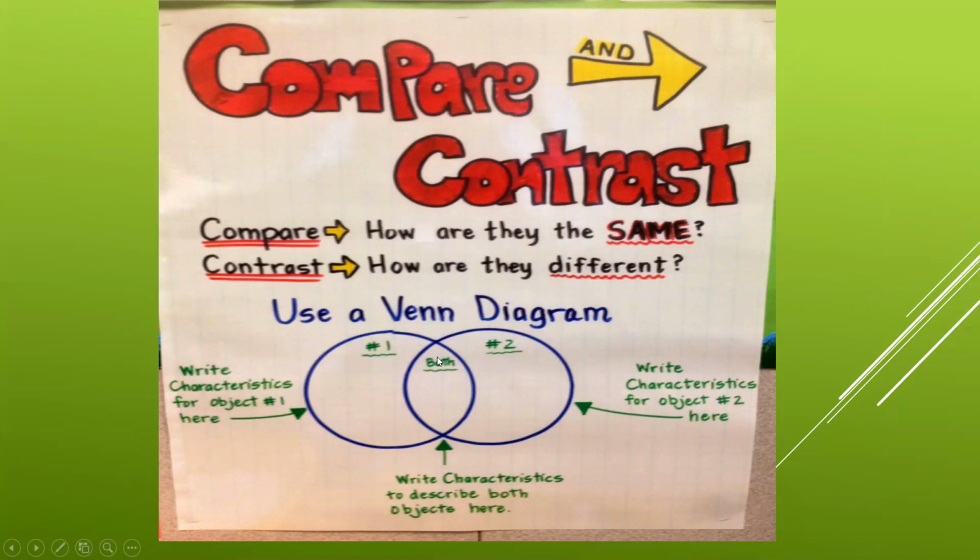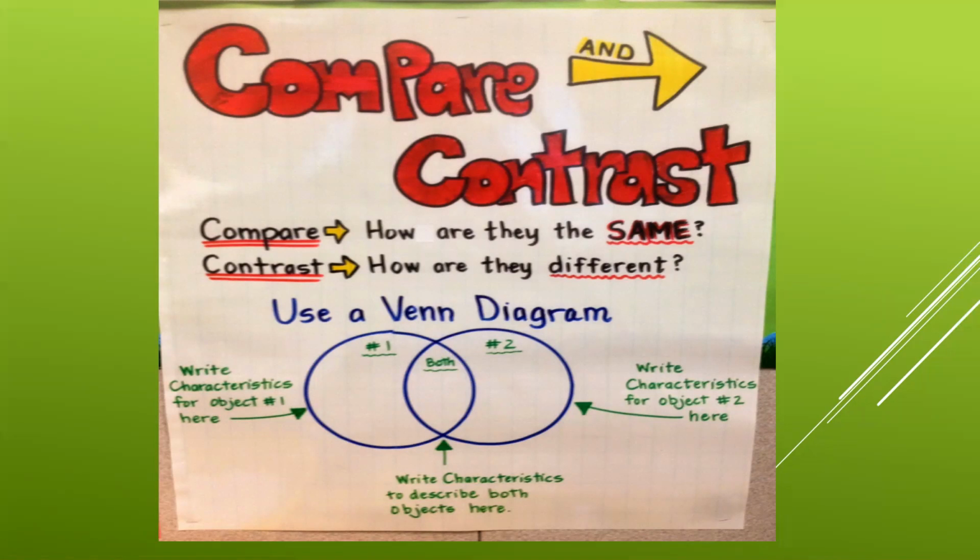And this diagram we will use while we are explaining the story, because the target skill here is compare and contrast. Compare, you will write or tell how the things are the same. Contrast, you will tell or find how the things are different.